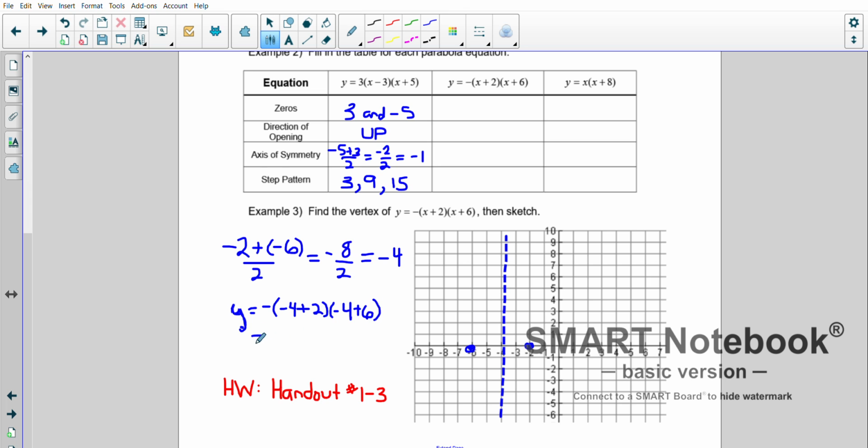So you get negative 2 times positive 2, which equals positive 4. 2 times negative 2 is negative 2, times negative 1 is positive 4. So there's the y value.